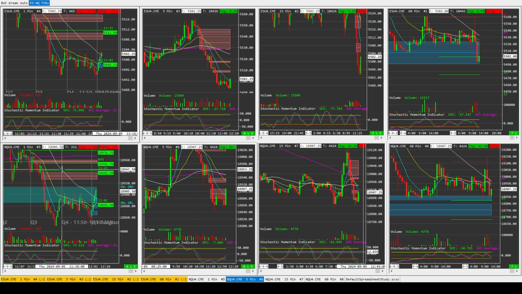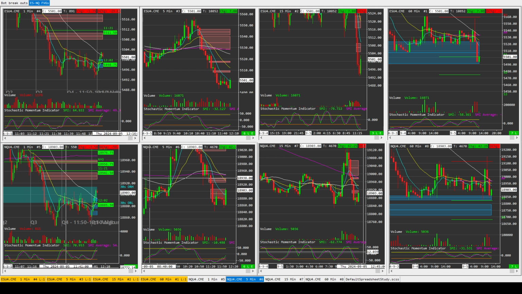I can use so many things here, but I'm on NQ, so I'm gonna put it at 935. So 935 is right here, this candle's right here.